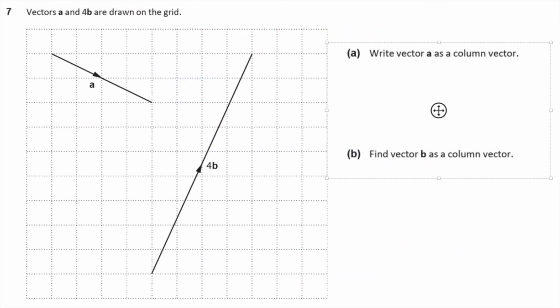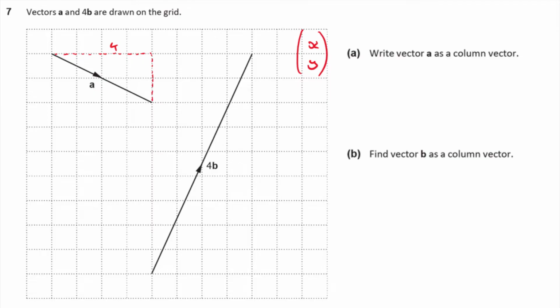Question 7: vectors A and 4B are drawn on the grid. Part A says, write vector A as a column vector. Okay, so column vectors are written in the form x over y, where x is the distance from one end of the vector to the other in the direction of x. So you can see that's 4 units in that direction.